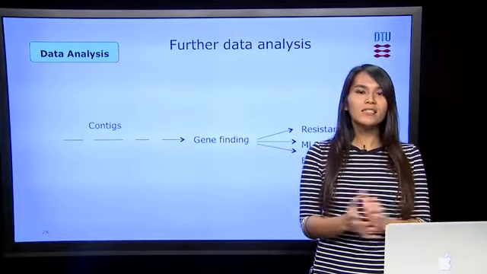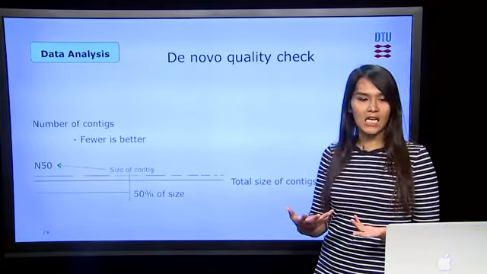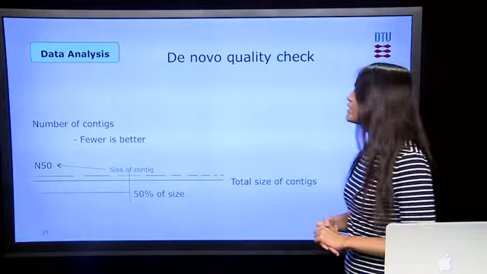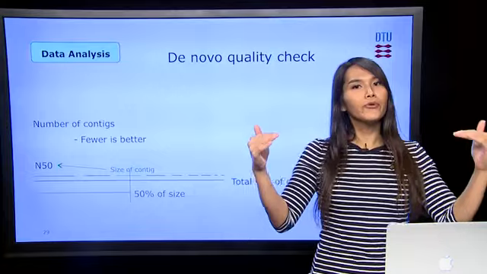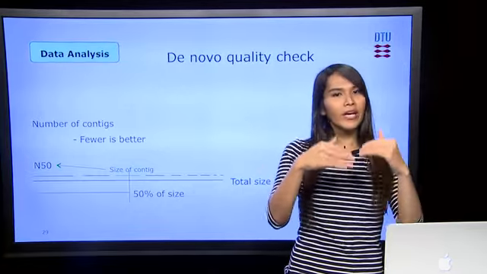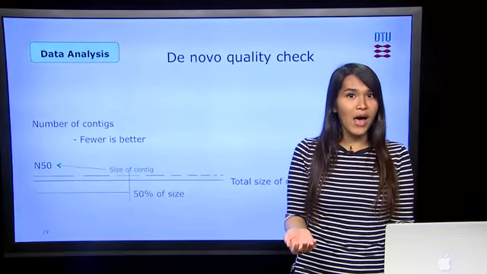So how do I know if my contigs are large enough? There are some parameters, but there are two parameters that you can easily look at. The first parameter is the number of contigs. When you do de novo assembly, you're going to get a lot of contigs, and then you can count how many contigs you have.